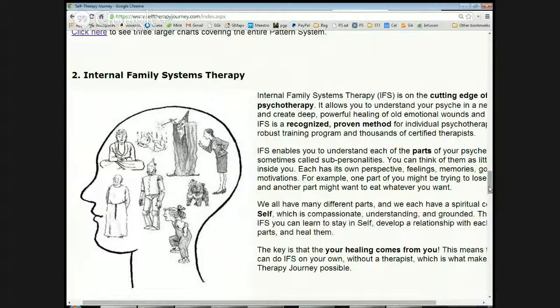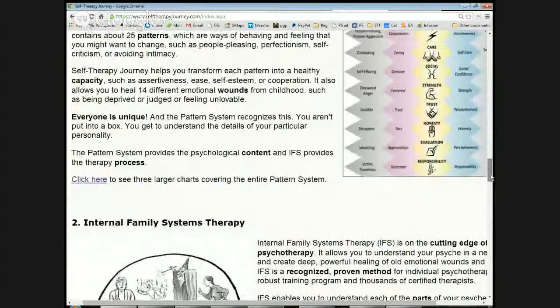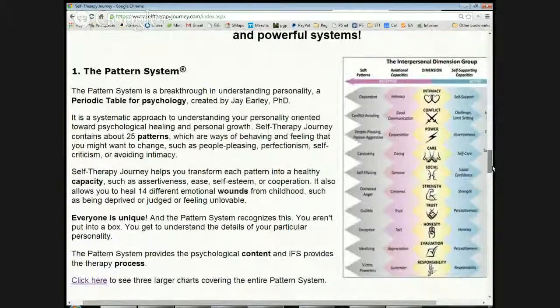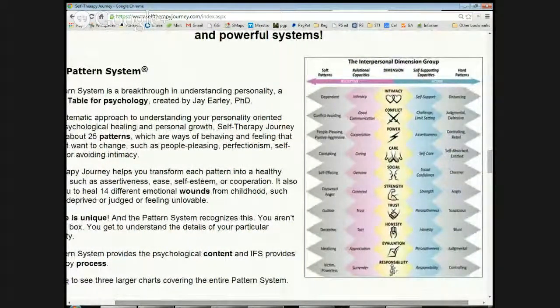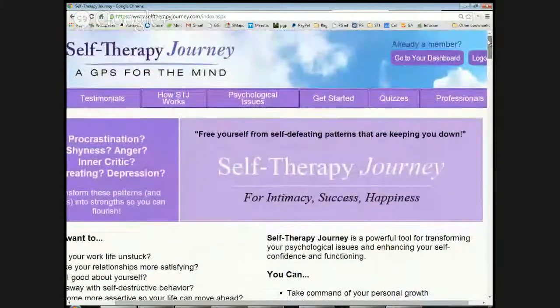It's very easy to get in touch with your parts for most people and to get to know them and talk to them. And then here's the pattern system, which is the other thing Self-Therapy Journey is based on. Here's an example of some dimensions, the interpersonal dimensions in the pattern system. I'm not going to go into a lot of detail because this is not on the pattern system. I just wanted you to get a feel for that.